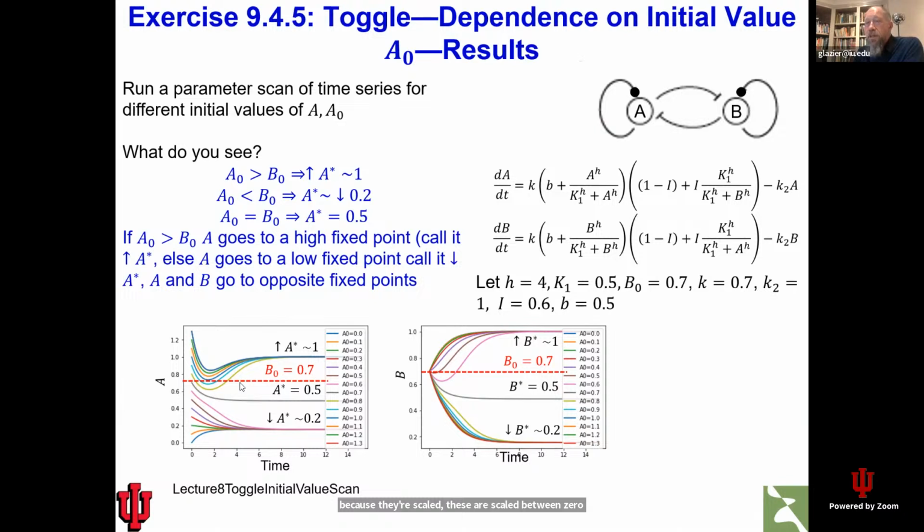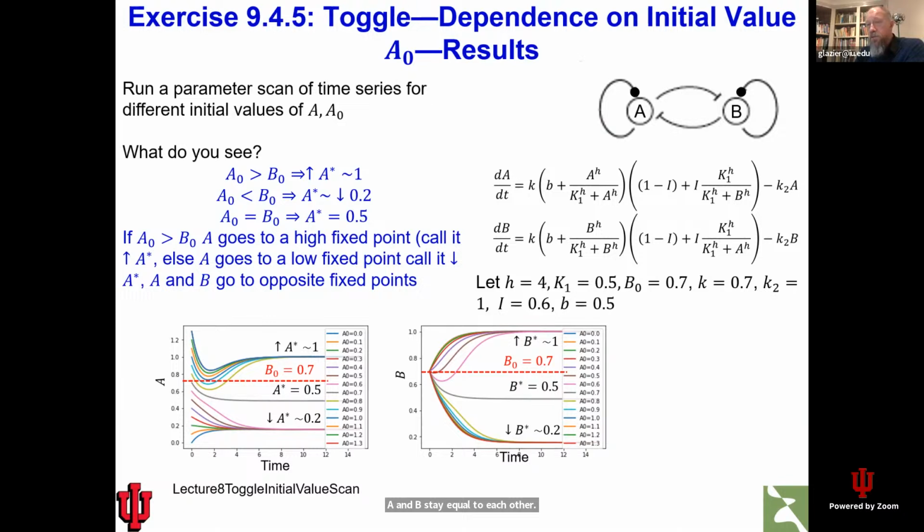So if my initial value of B was 0.7 and my initial value of A was bigger than 0.7, A goes to a high value. If my initial value of A was less than 0.7, A will go to a low value. And if my initial value of A was exactly 0.7, A and B stay equal to each other, but they actually don't stay constant.